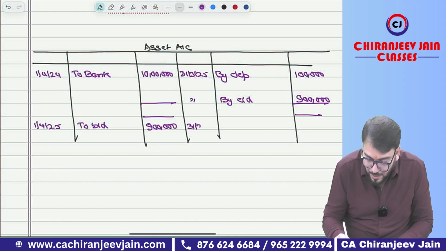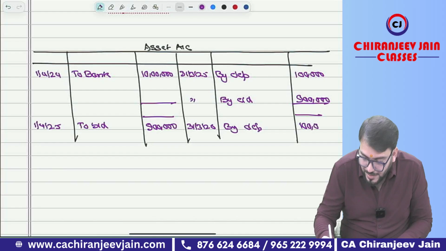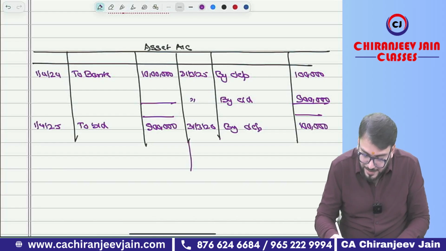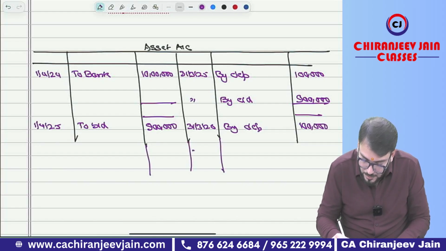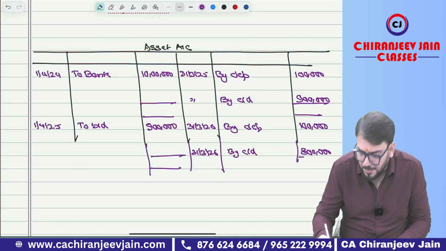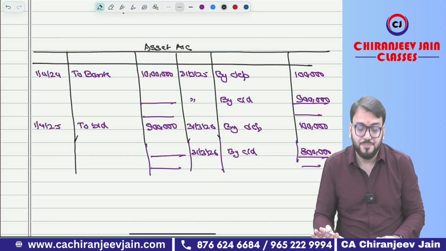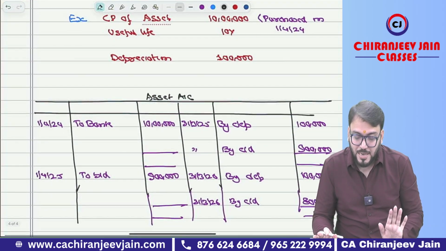Again on 31st March 2026, you will say by depreciation, how much? 1 lakh. And ultimately the closing balance will become 8 lakh, and this 8 lakh will be shown in your balance sheet. This is a simple method, and I hope you remember this. No explanation required. Correct? Any doubt?